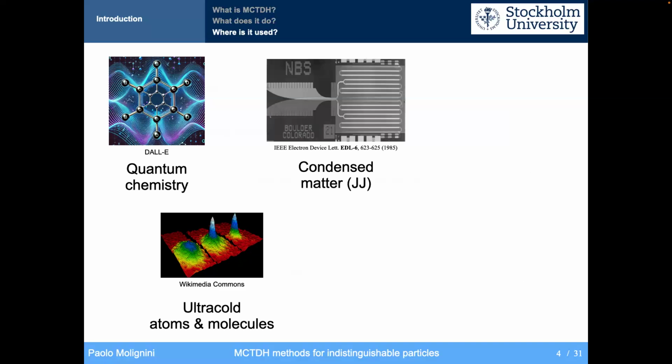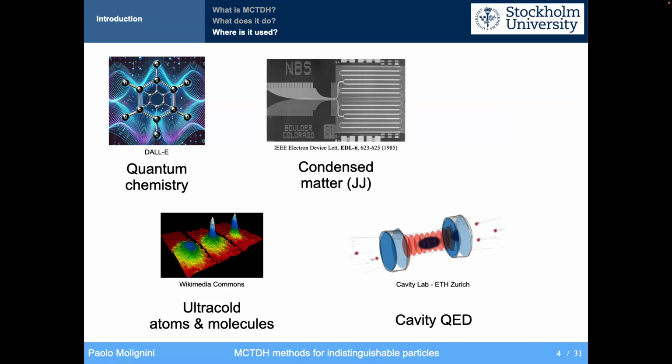It can be used also in certain condensed matter settings, in descriptions of bosonic Josephson junctions, in cavity QED. So this is, again, kind of a branch of ultracold AMO physics, where you additionally put your atoms or molecules in a cavity and you shine a light on it, and then you see how the light and matter behave with one another.